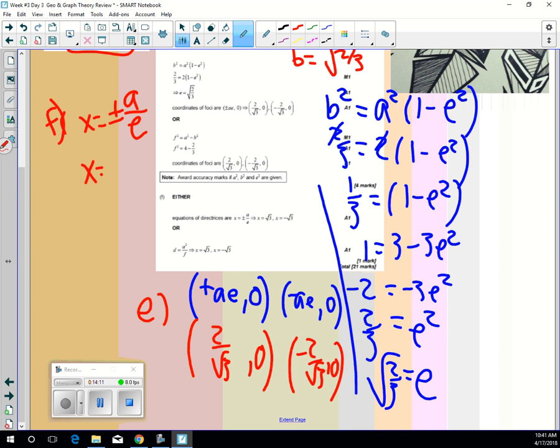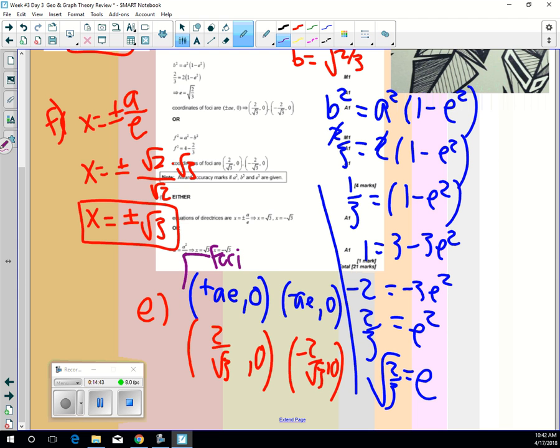So x is going to be plus or minus a, which was square root of 2 over square root of 2 over square root of 3. So I think that's just going to be plus or minus the square root of 3, isn't it? Yeah, formulas. Got a couple formulas there. This is the formula for the foci. This is the formula for the directrix.